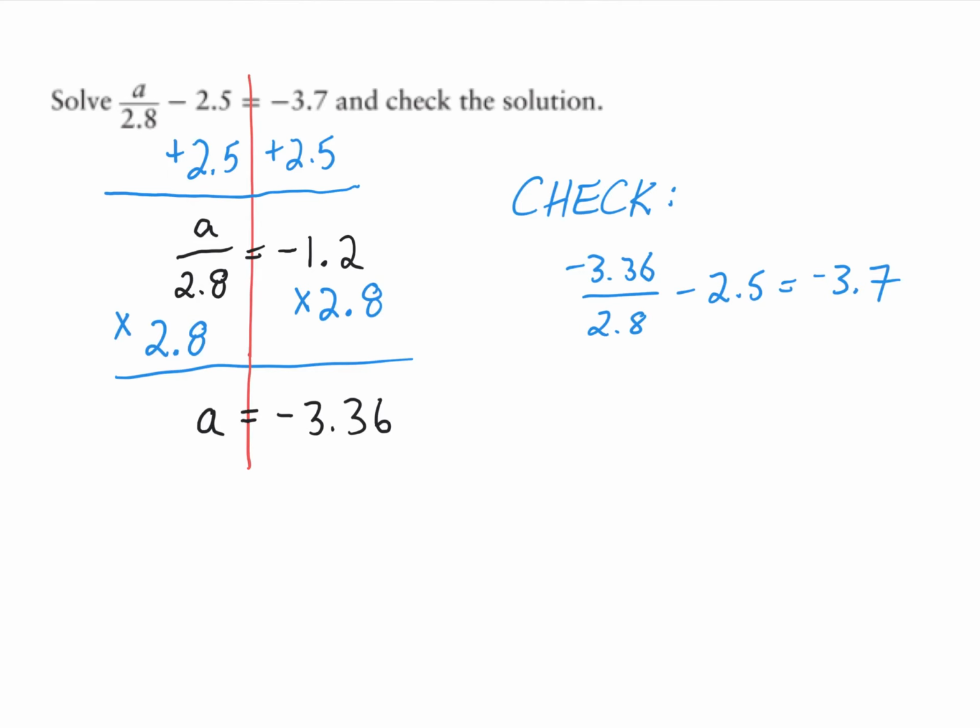And I get negative 1.2. I'm going to subtract 2.5 from that, see if it equals negative 3.7, and you'll find it does. So I have done it correctly. My answer is right. I've checked my work, and I am good to go.